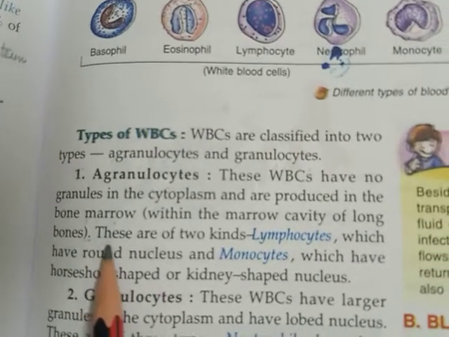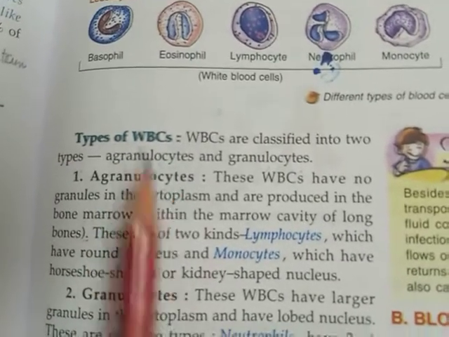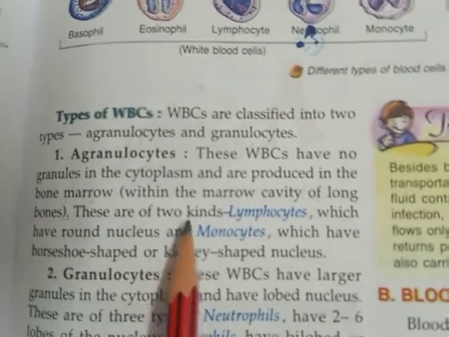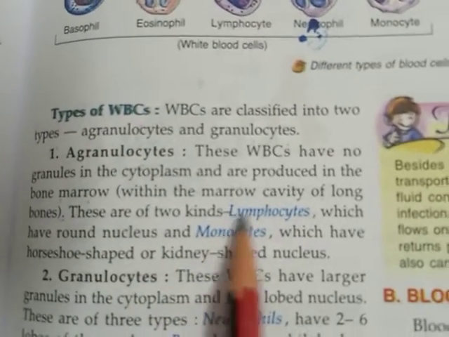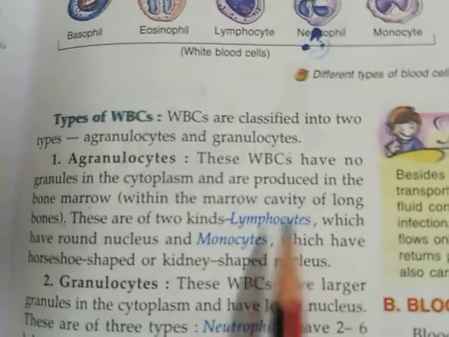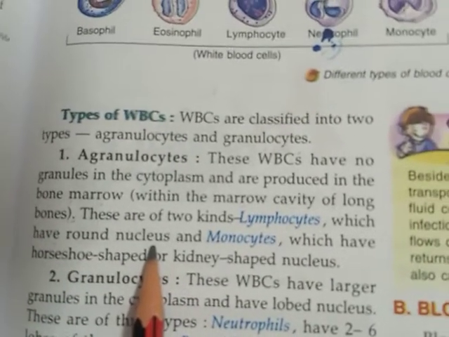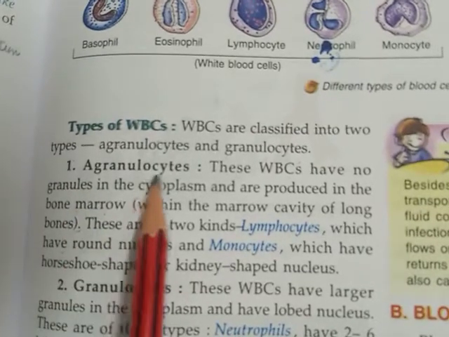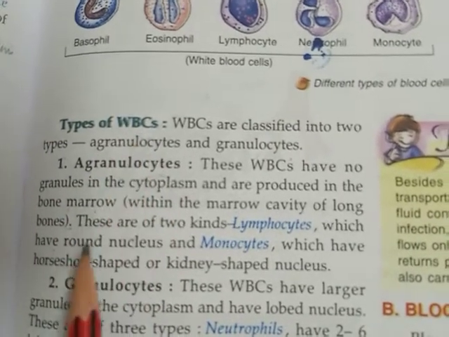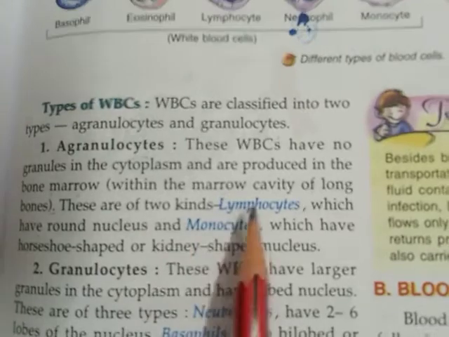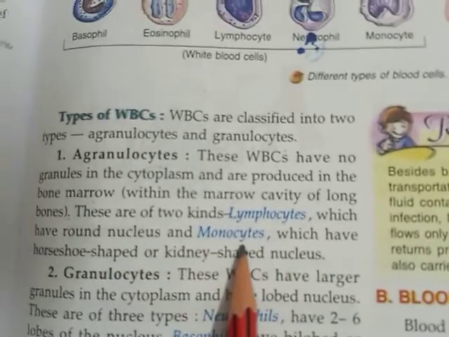Now, agranulocytes WBCs are of two kinds: lymphocytes and monocytes.